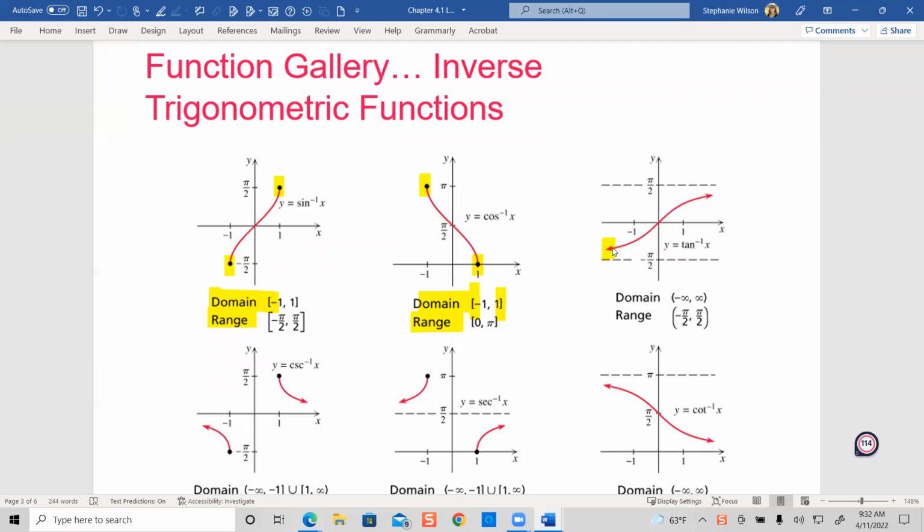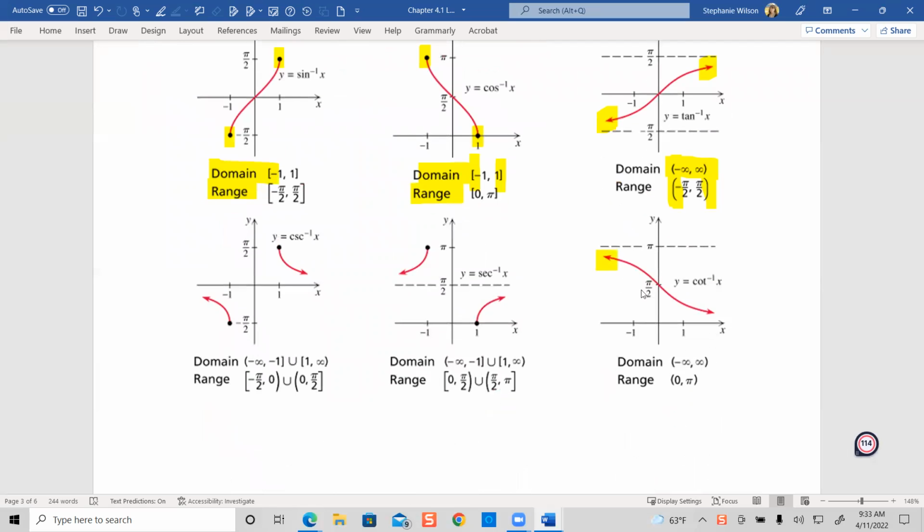However, if you notice this has a triangle on the end, and this has a parenthesis, that means it's continuously going on. To take a side note, if it's an infinity, you will never have a bracket because you can't stop infinity. If you notice this negative pi halves has a parenthesis, it's because the arrow on the end of the line is saying the function continues.